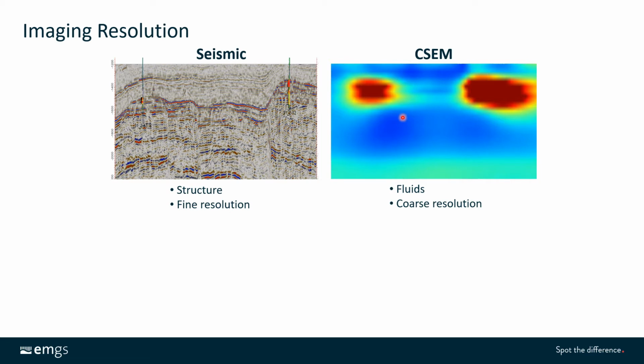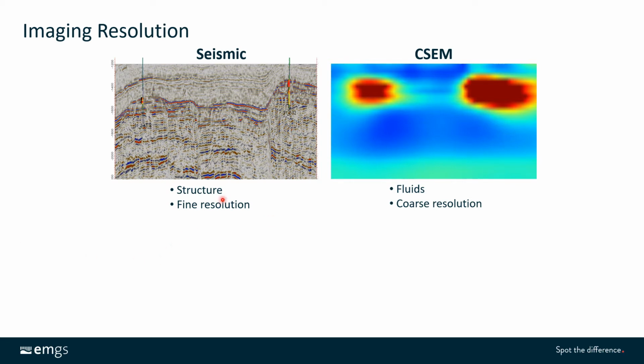So it can differentiate between resistive fluid and conductive fluid. And as per the physics, you know that salty water is a conductor, and hydrocarbons are resistors. So if you are acquiring CSEM, you would be able to differentiate between the conductor and the resistor.